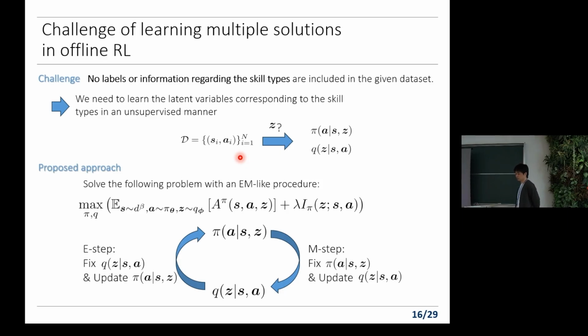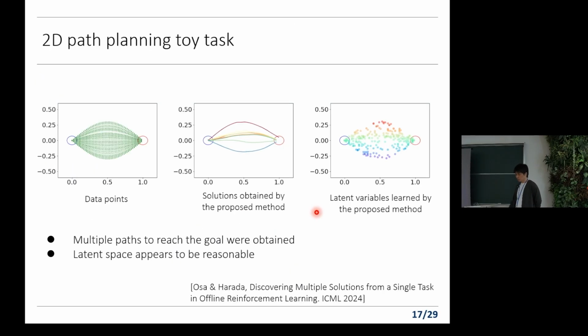We learn the encoder, then fix it and update the policy, and then fix the policy and update the encoder, so we maximize both the expected return and the mutual information. In this way, we could learn latent variables that represent a skill type, and we can learn multiple solutions.